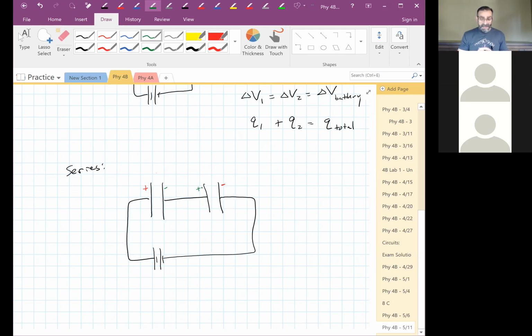Now what happens, the battery moves another charge around. The battery plucks an electron off of that plate and sticks it over here. And that creates a little bit of an electric field, and it forces the charges to move internally here. So this area in here is electrically isolated, right?